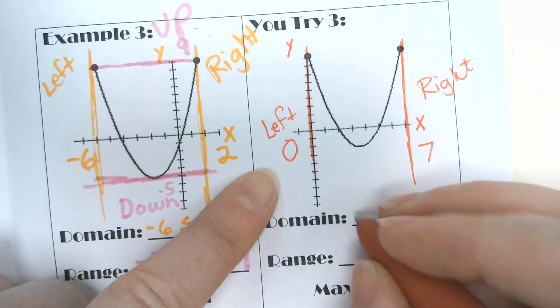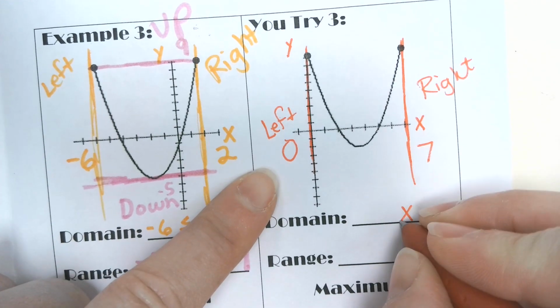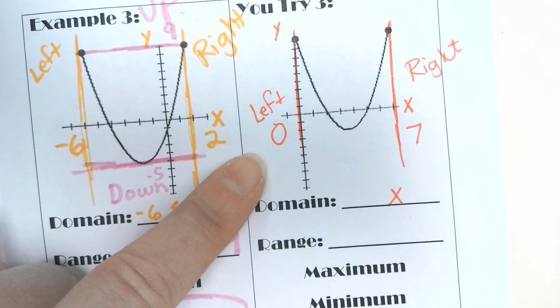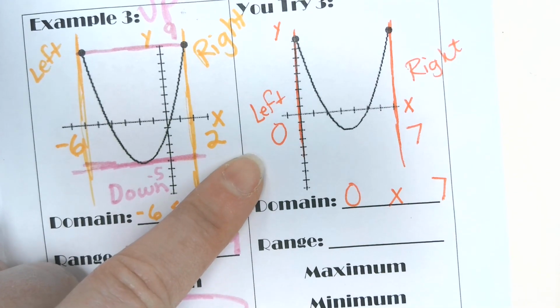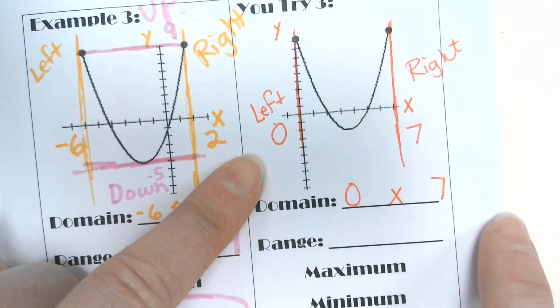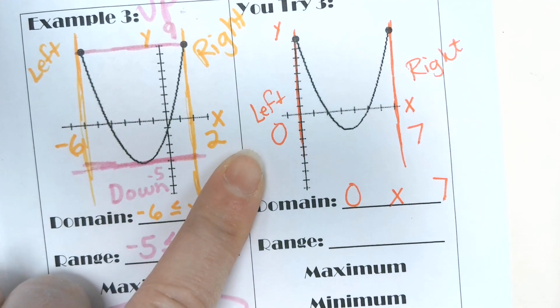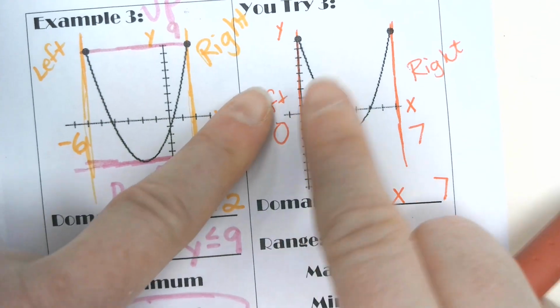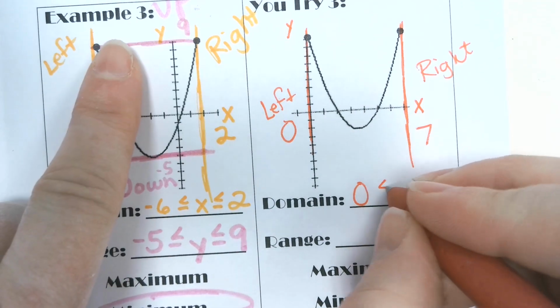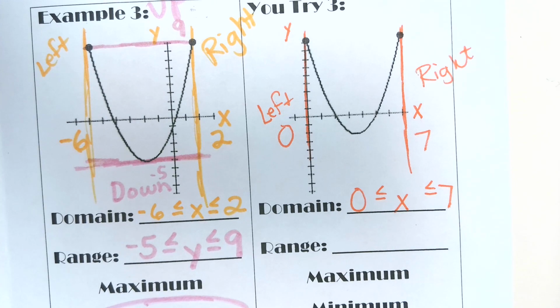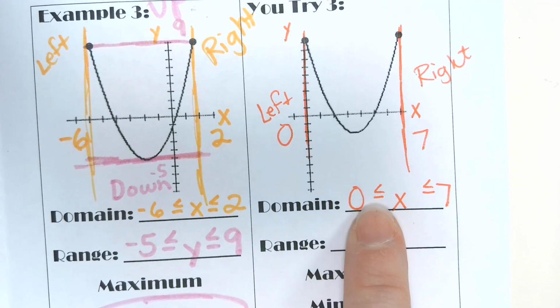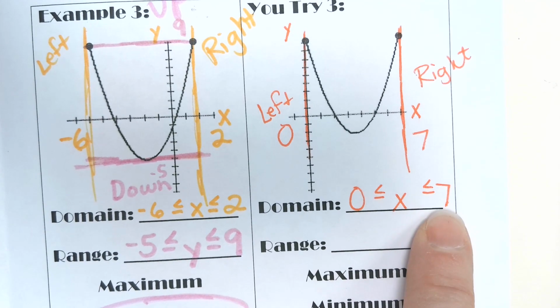So we're going to write it as the inequality with x in the middle, the left number and the right number. So x is sandwiched between 0 and 7. And because these are closed circles, we're going to do the less than or equal to. So 0 is less than or equal to x is less than or equal to 7.